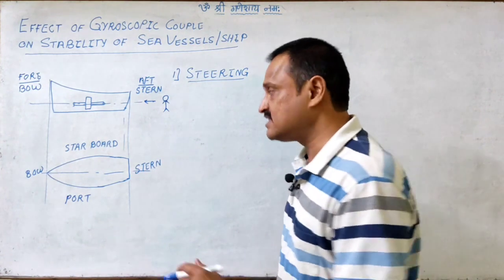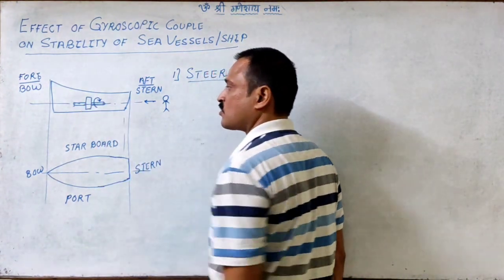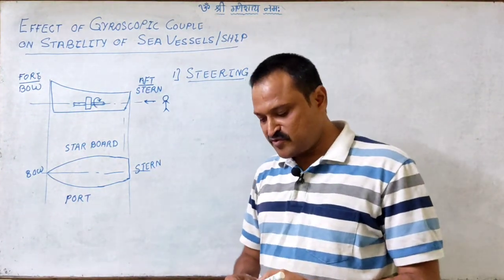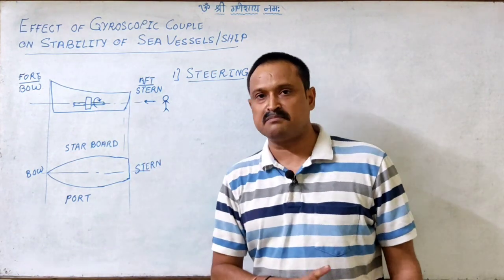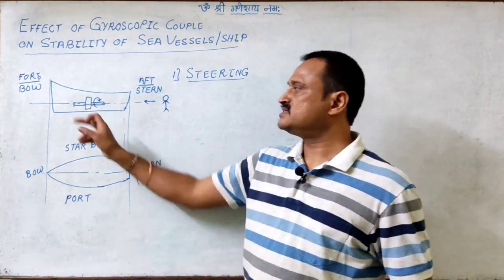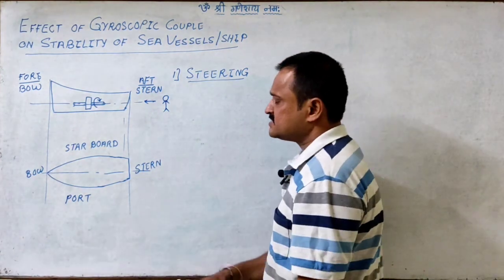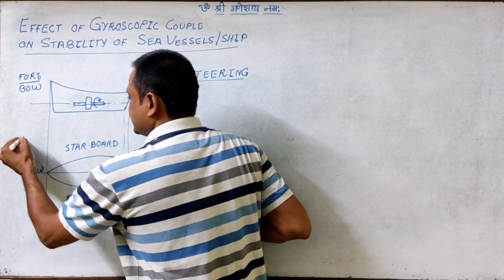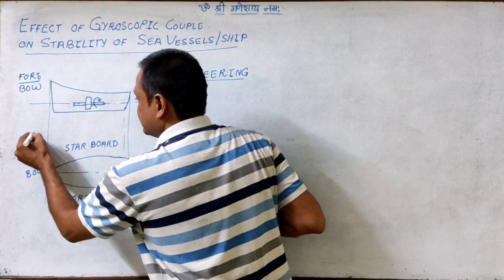Now let us take this condition that the rotor blades are turning clockwise. So the spinning mass is rotating in the clockwise sense. And let us say that the ship is turning to the right, or steering to the right.